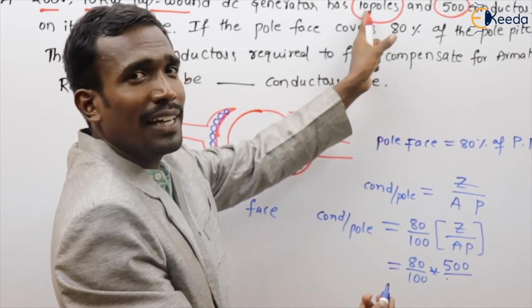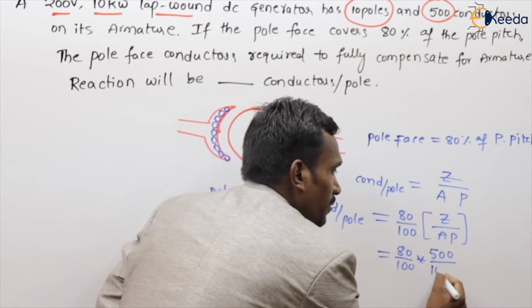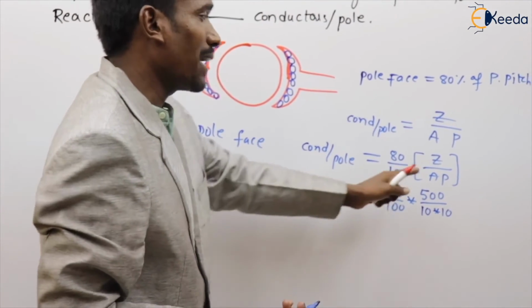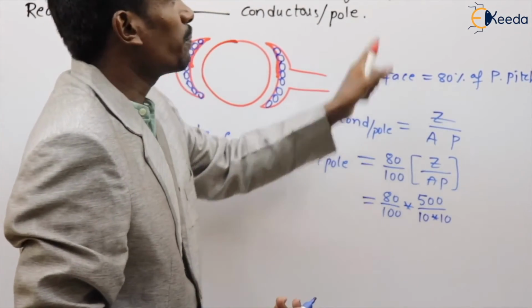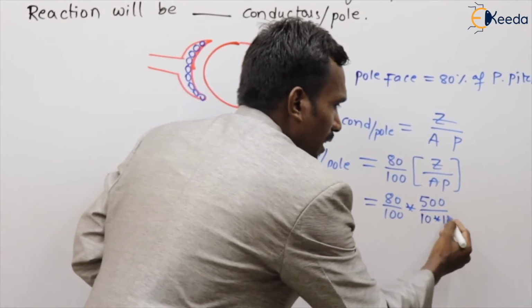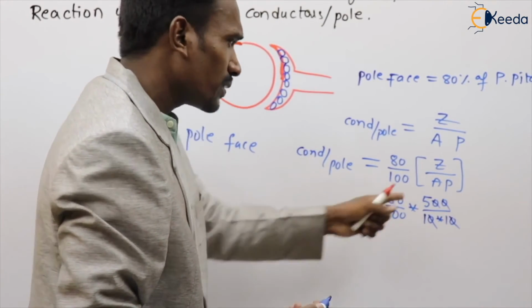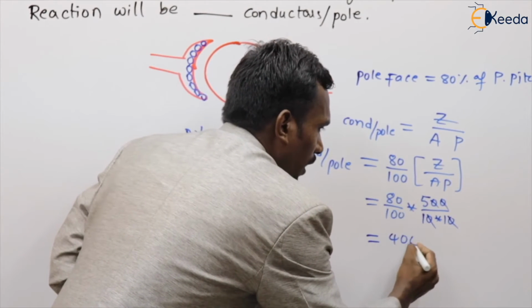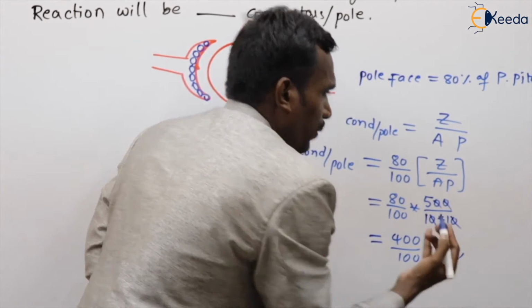How many poles are there? 10 poles, so 10 into 10. These two get cancelled. Then what is the answer? 400 by 100, so the answer is 4.